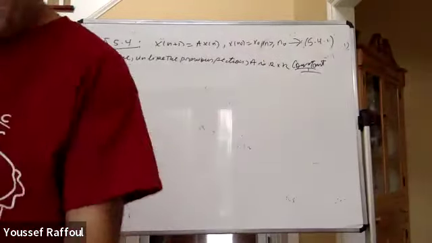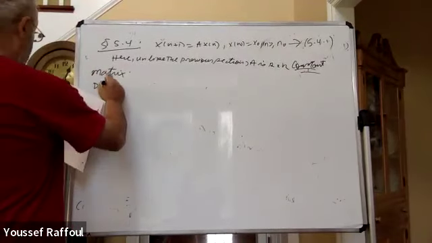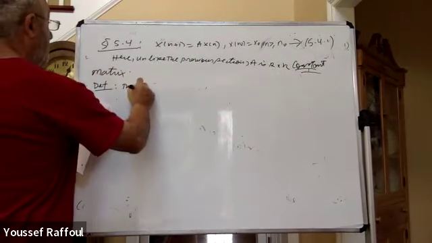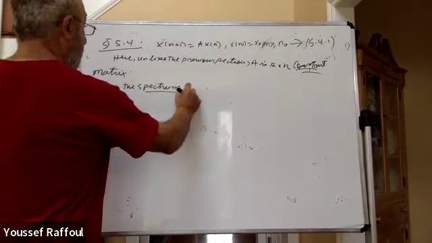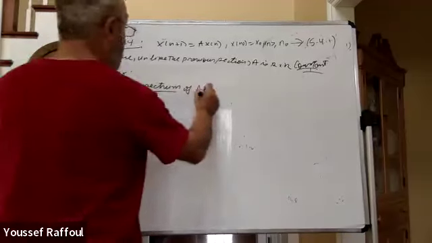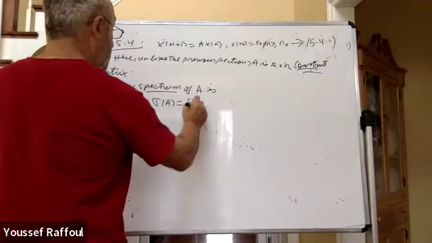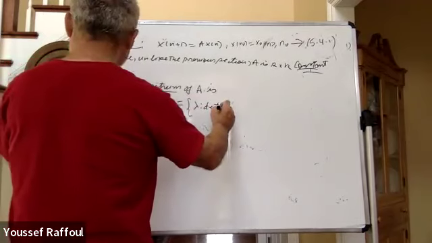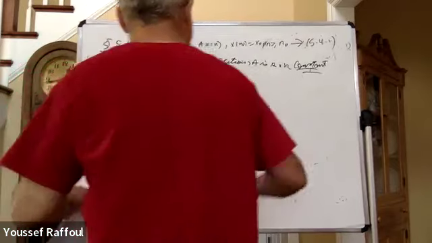So we're going to define the spectrum of A. It is sigma(A), and that is the set of all lambda where the determinant of A minus lambda I equals 0.